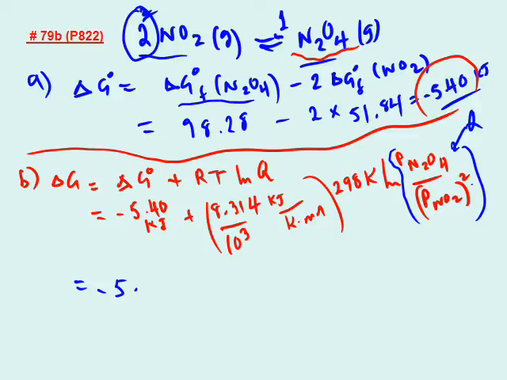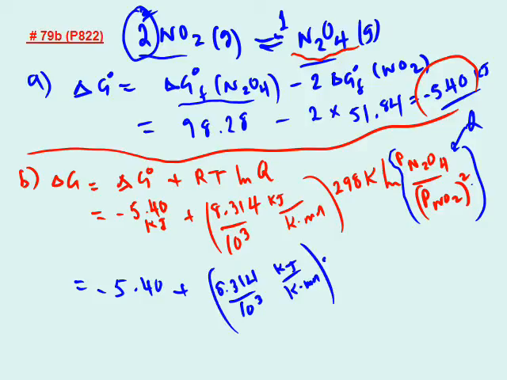Minus 5.40, that's kilojoules, plus 8.314 divided by 10 cubed, this is kilojoule per Kelvin mole, times 298 Kelvin times log of, now you need to plug in those numbers, which would be 1.60 on the top, that's given, atmosphere, divided by 0.40, that's also given, atmosphere, and that's squared. So that gives me log of 10.